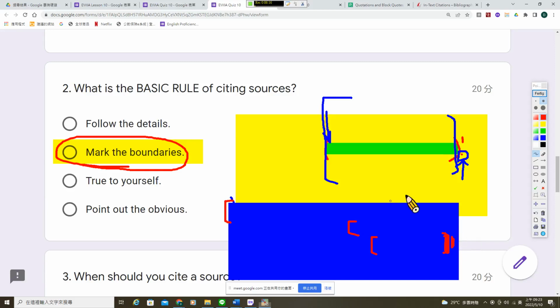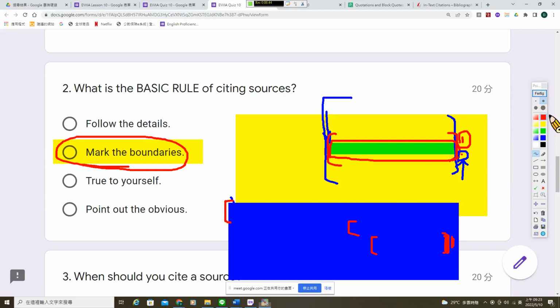So basically, you need to mark the boundary just like this one. You have to put the beginning and put an ending here and also a number here. So let your readers fully understand this is the portion you cited from other sources. So be careful for this one. Of course, we will go through some of the details about how to mark the boundaries.